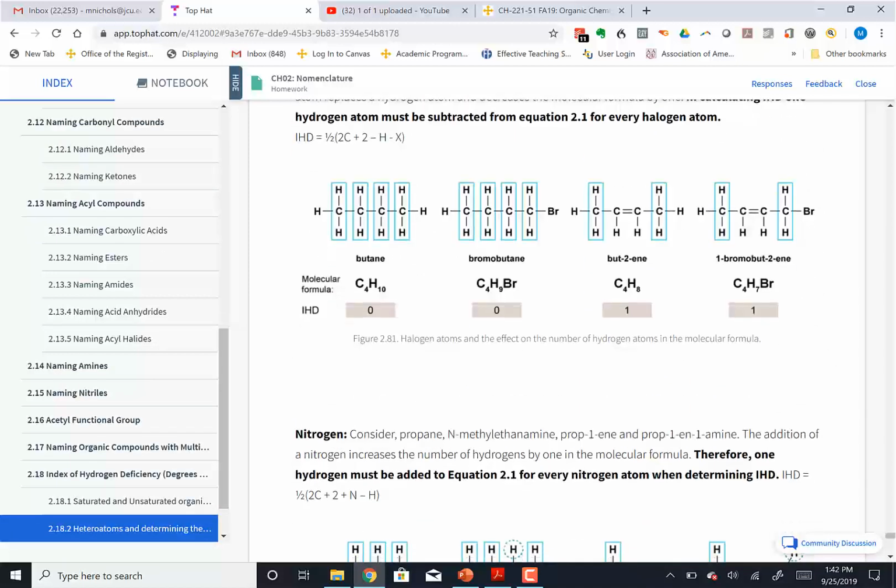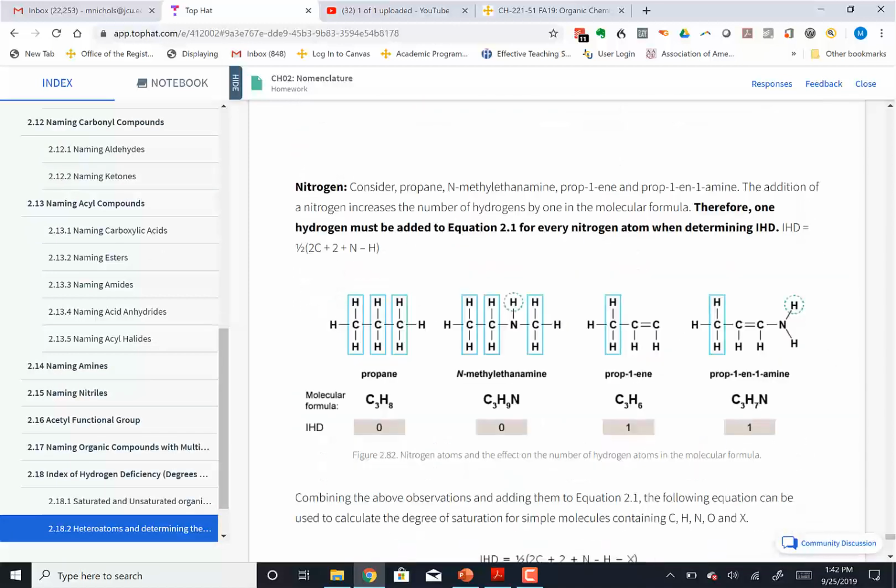Oxygens don't count. Halogens count as hydrogens. So if I multiply everything by 2, it's number of carbons plus 1 plus the number of nitrogens minus 1. There's a factor in there.